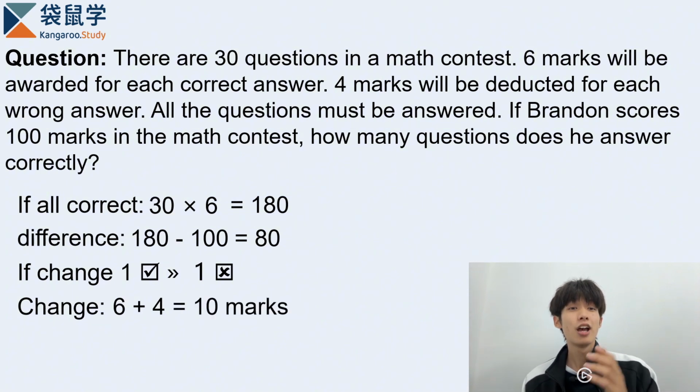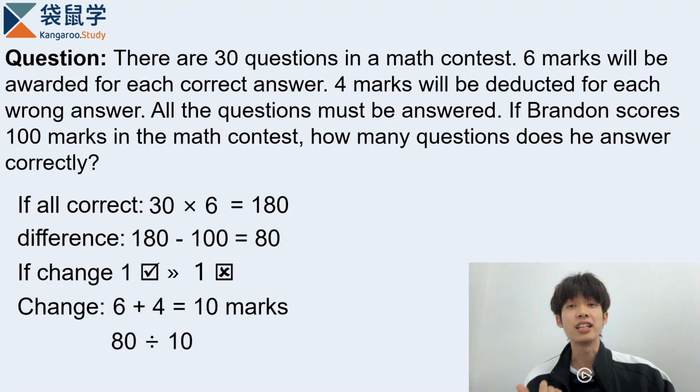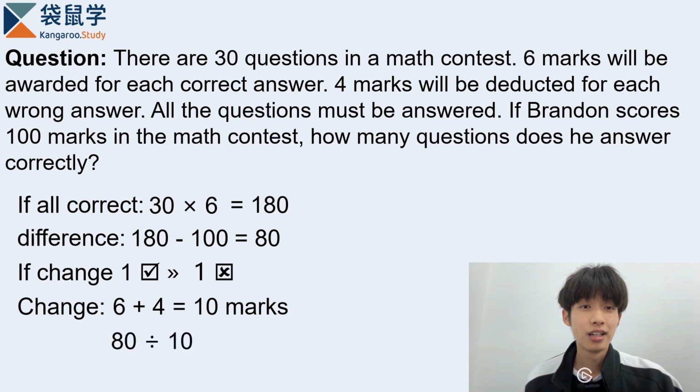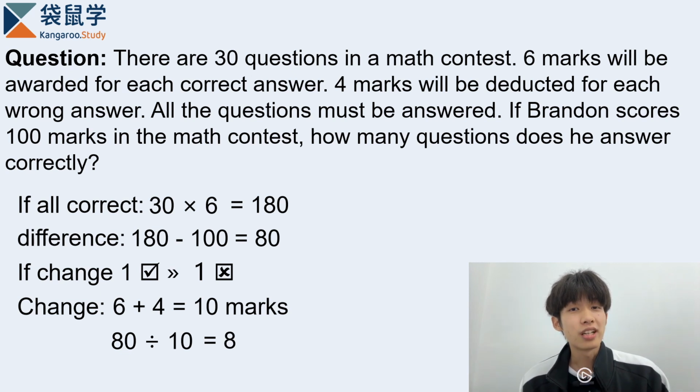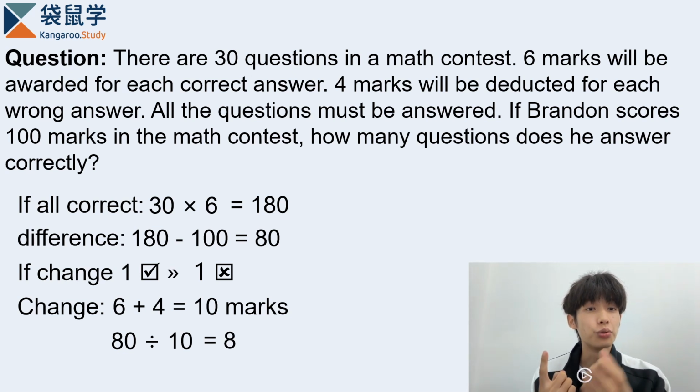And that means if we're trying to get 100 marks, we need to deduct 80 marks. And how many questions should we change? We use 80 divided by 10, which gives us 8 questions. But what does this 8 represent? It represents that we need to exchange 8 correct answers for wrong answers.